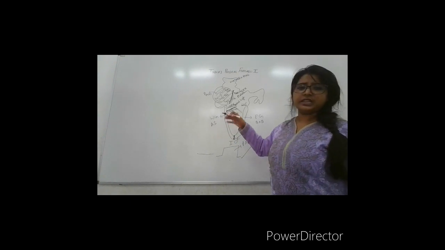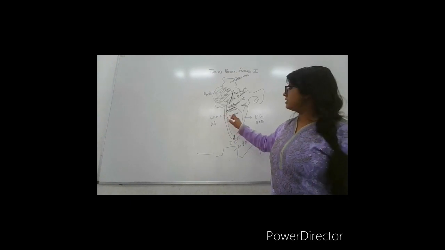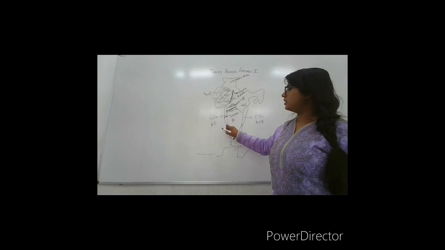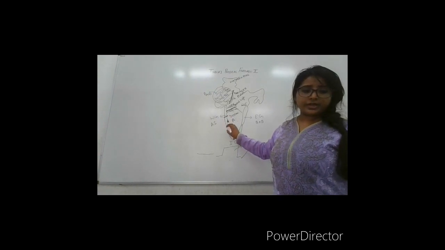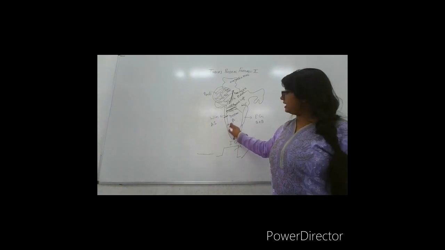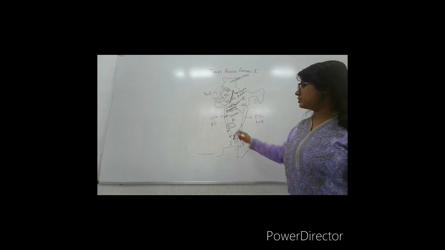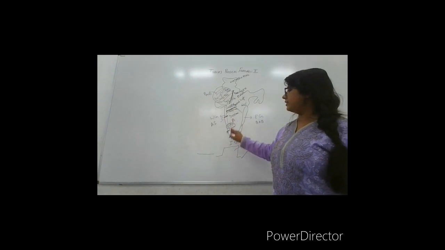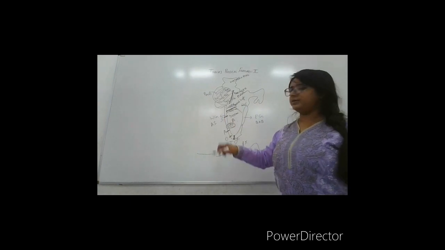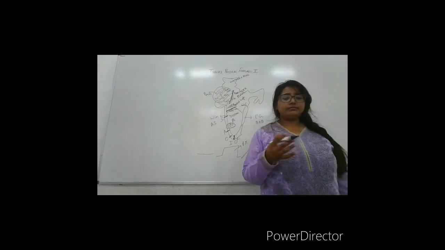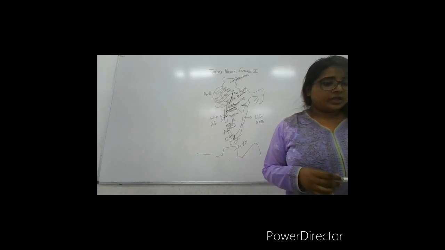These are the hills, basically semi-hills. Sahyadri, Nilgiri, Annamalai and Cardamom. Cardamom is the southernmost, in Kerala. Sahyadri, Nilgiri, Annamalai and Cardamom are the hills or the semi-plateau region.